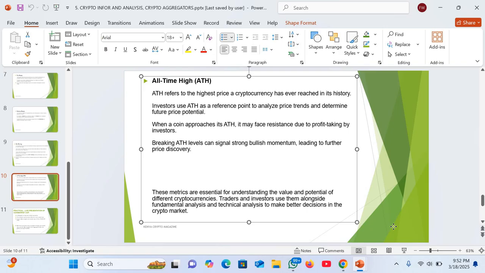So all-time high refers to the highest price a cryptocurrency has ever reached in its history. I've used an example of Bitcoin. Investors use all-time high as a reference point to analyze price trends and determine future price potential.